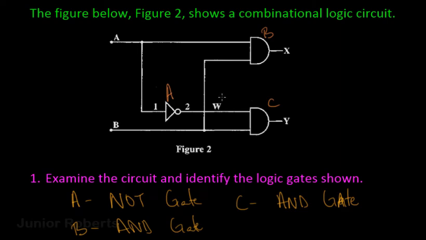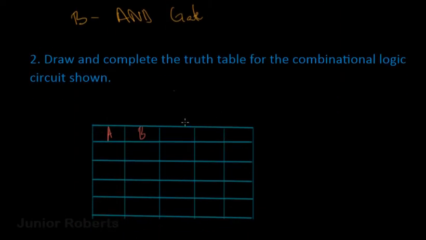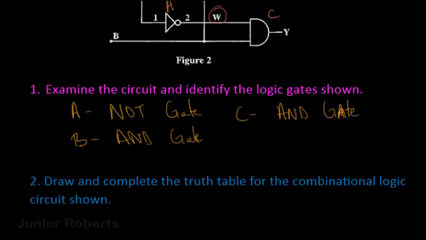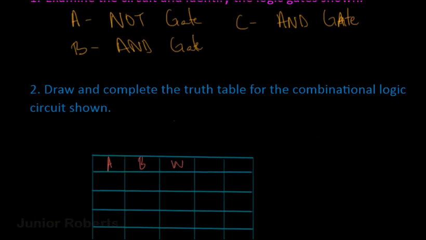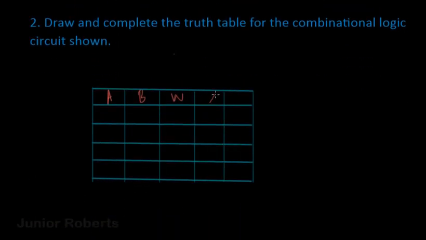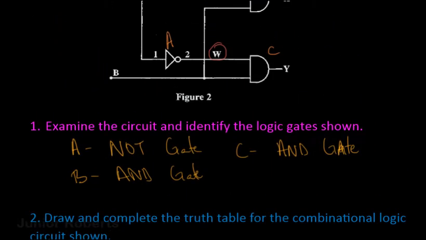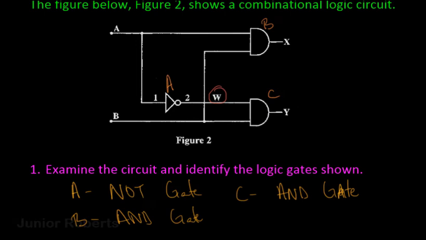Then we have a secondary input W, and then we have our outputs X and Y. Whenever we're looking at combinational logic circuits, we have to look at each gate independently and look at the input and also the output.